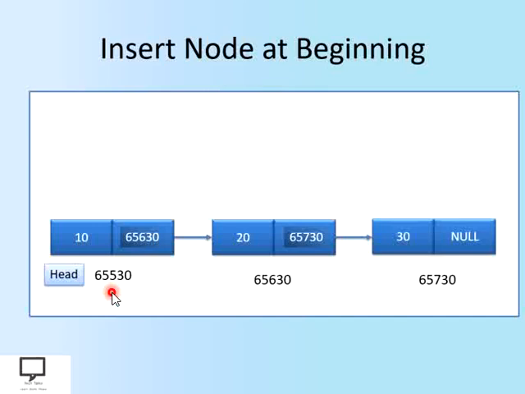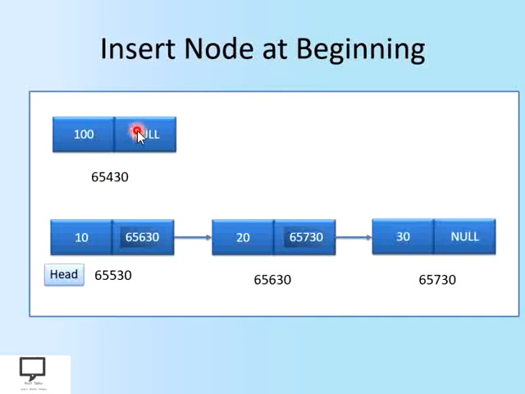So now let's assume you are knowing the concept of a singly linked list, its creation and its traversal as well. Now if you want to create a node and that you want to insert at the beginning, for that you first have to allocate a memory. So now let's assume I am allocating a memory for a new node and its address location is 65430.